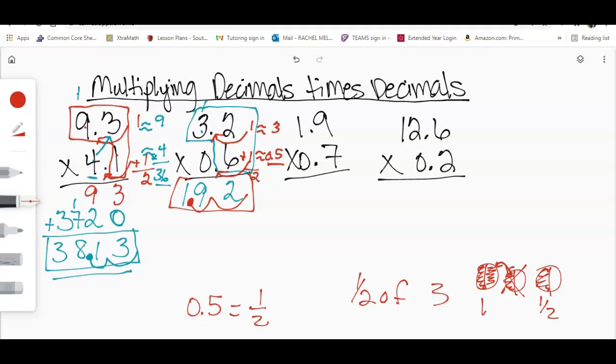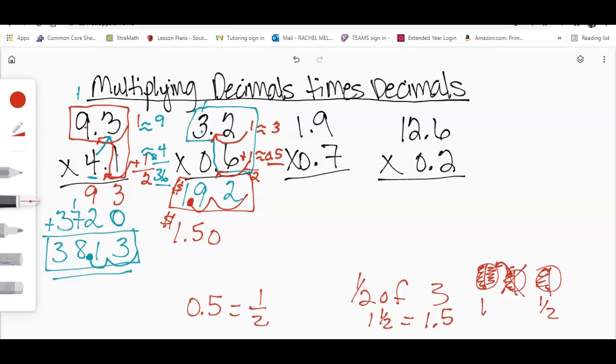So 1 1/2, otherwise written as 1.5, right? So 1 1/2 as a fraction equals 1.5. So is 1 1/2 close to 1 92/100? Yes, because if I think money, 1 1/2 is $1.50, right? Well, that's pretty close to $1.92, isn't it?